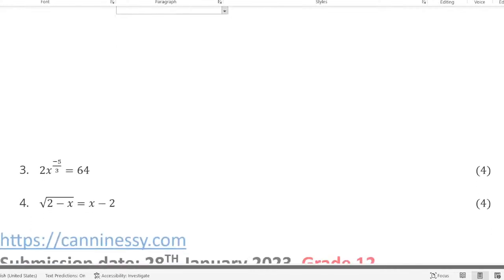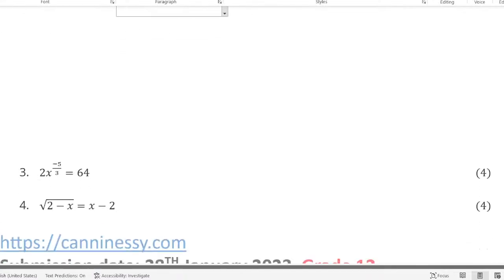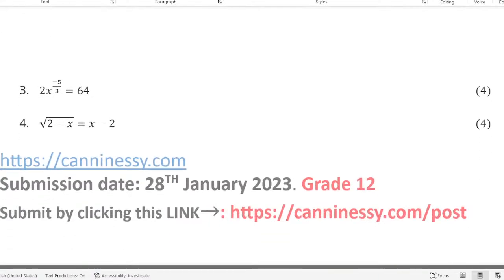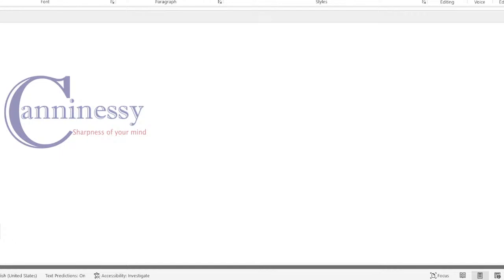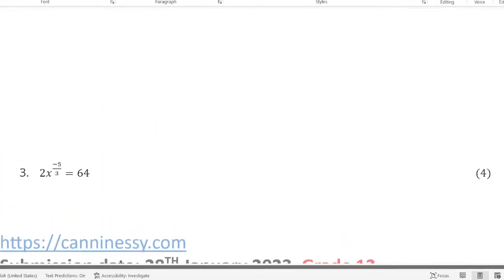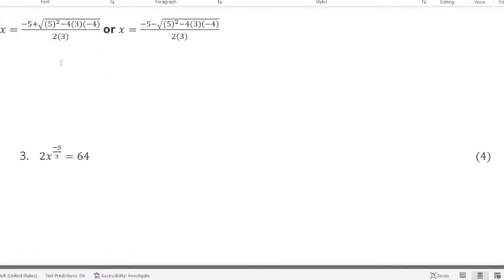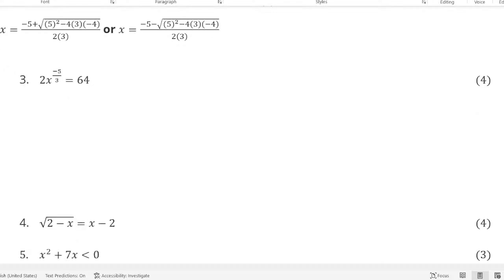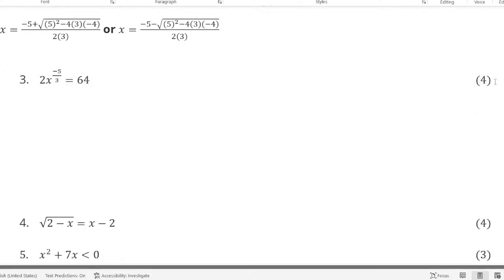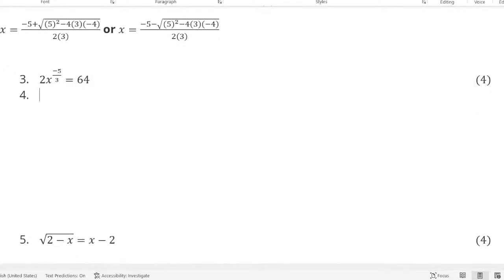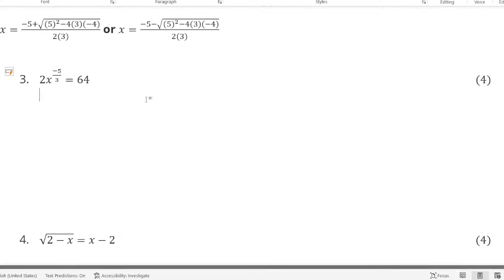So now let's get to number 4. Let's try to solve number 4. So as you have noticed, you can see that number 4 is an exponential equation.